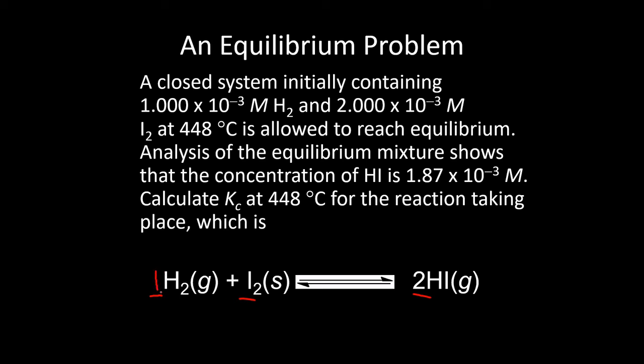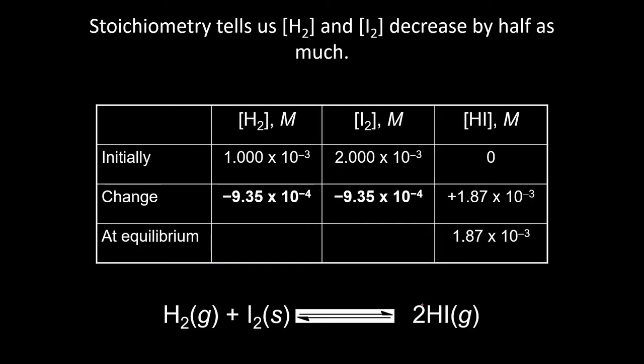So each of these has a 1 in front of it that is usually left out, and this one has a 2. And so because of that, we know that H2 and I2 decreased by half as much as the HI increased.